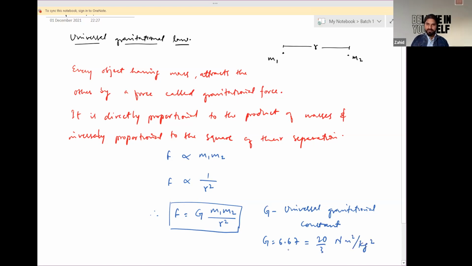You can use either this decimal part or this fractional part for different calculations.